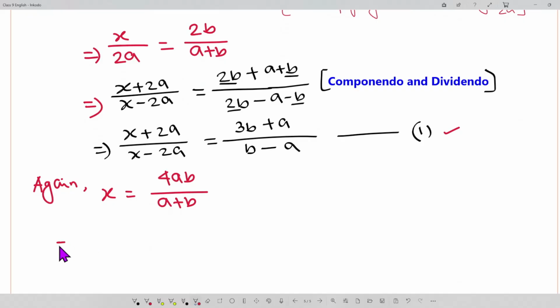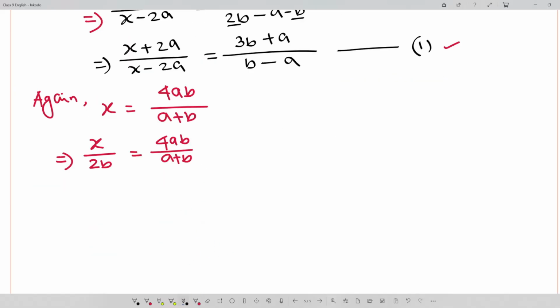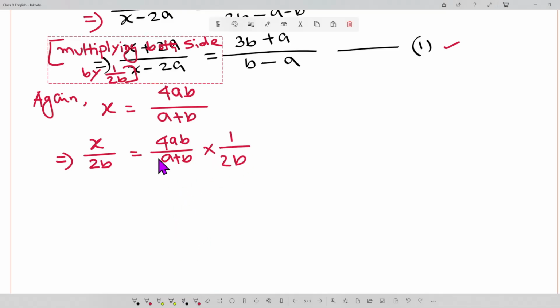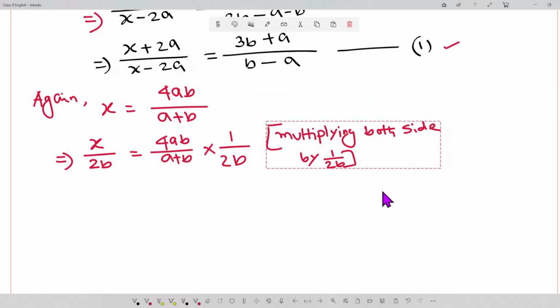So, the same thing, we can write x divided by 2b equals 4ab divided by a plus b times 1 by 2b, and here we can write, multiplying both sides by 1 by 2b. Now look, here is 4 and here is 2, once you divide it will be 2, b divided by b is 1.